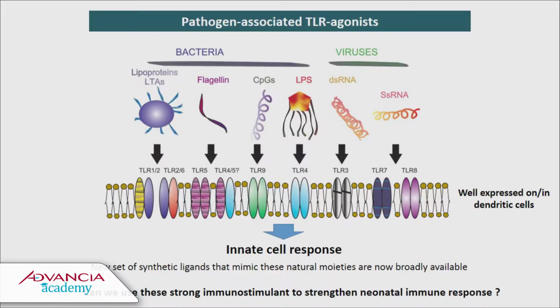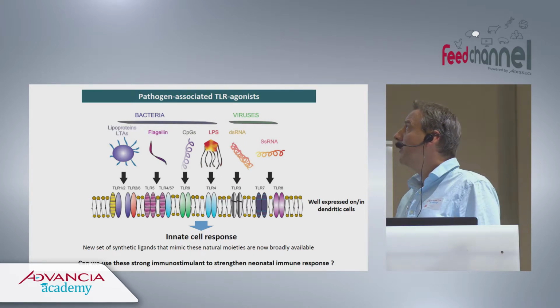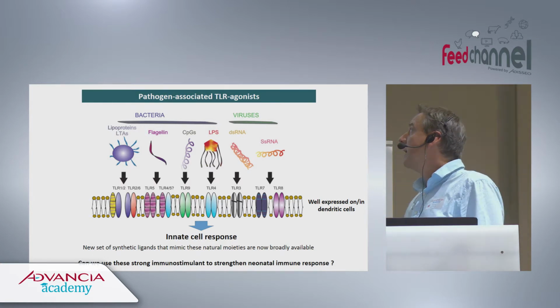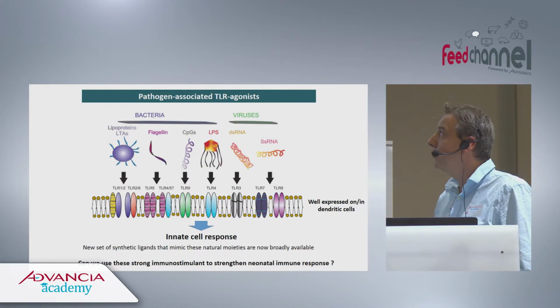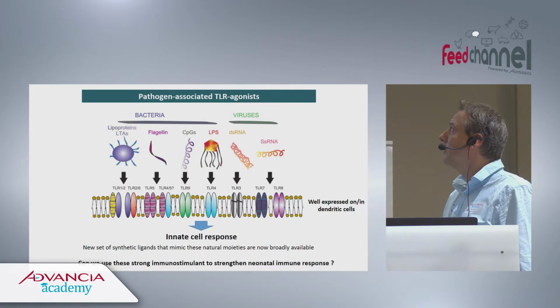Okay, so how can you use this information to strengthen the mucosa in neonates? Probably everyone in the audience now knows what Toll-like receptors are: innate receptors present on the surface of a cell or in endosomal compartments. When they bind ligands coming from bacteria, viruses, parasites and fungi, they induce inflammatory signals in the cells.